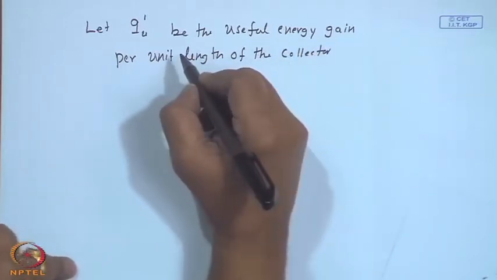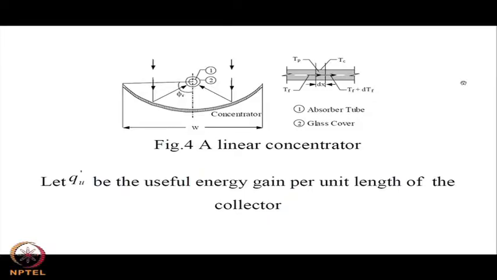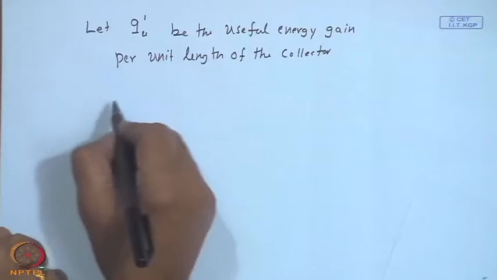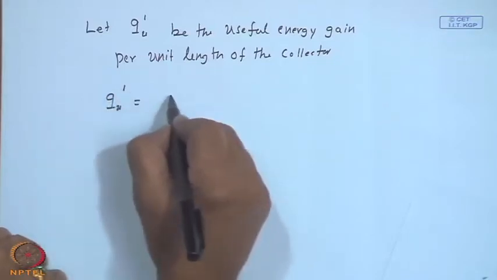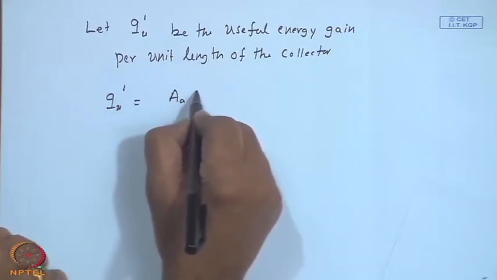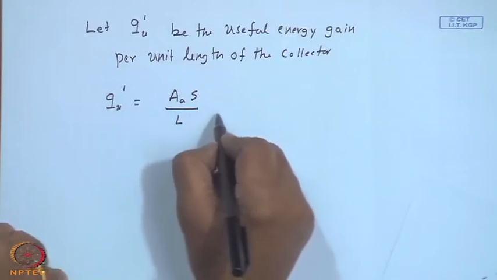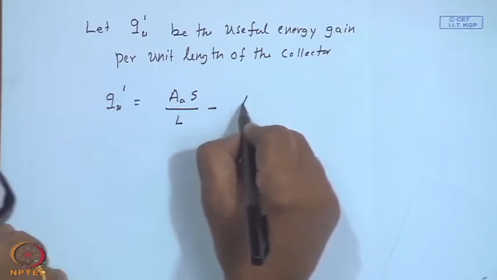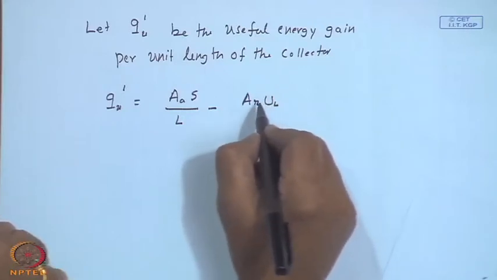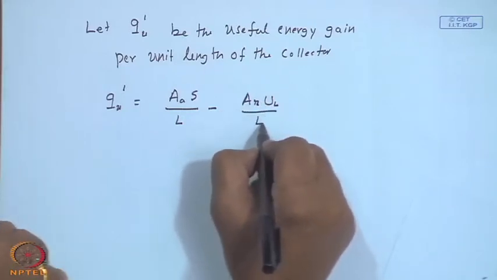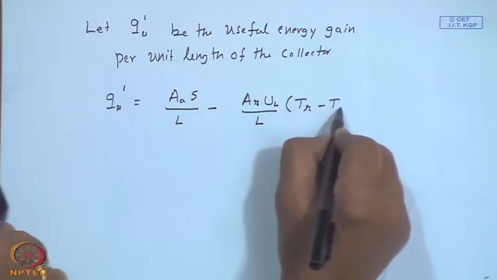So, perpendicular to the plane of the paper L, 1 unit length we are considering. This q u dashed will be A A times S by L minus A R U L by L into T R minus T A.